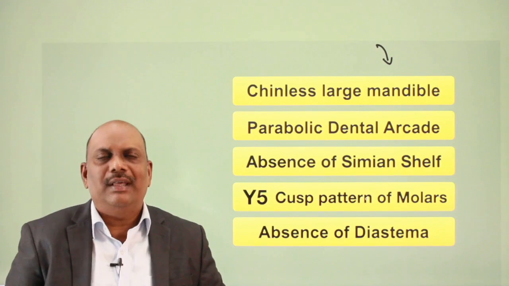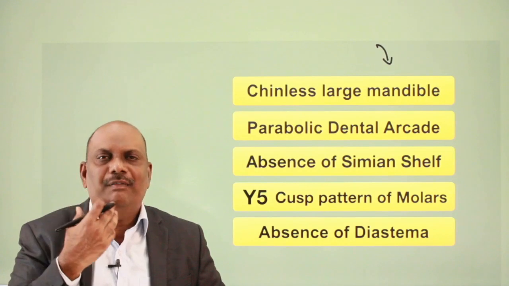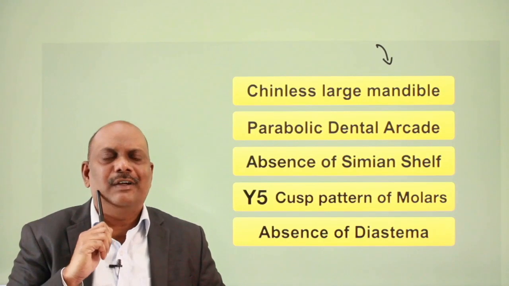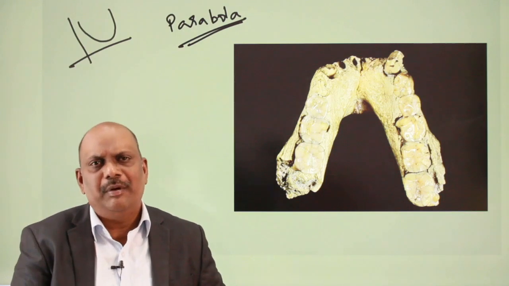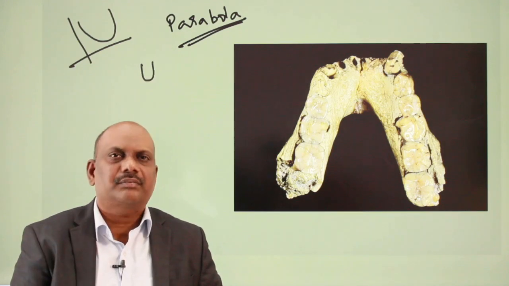Then, parabolic dental arcade. By dental arcade, we refer to the shape of the arrangement of teeth. For human beings, the dental arcade is parabolic in shape. A parabola is like a graph, it used to be like this. For chimpanzees and even a few primitive apes, the dental arcade used to be U-shaped.